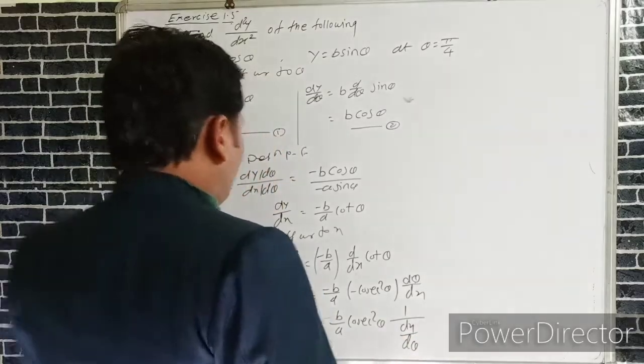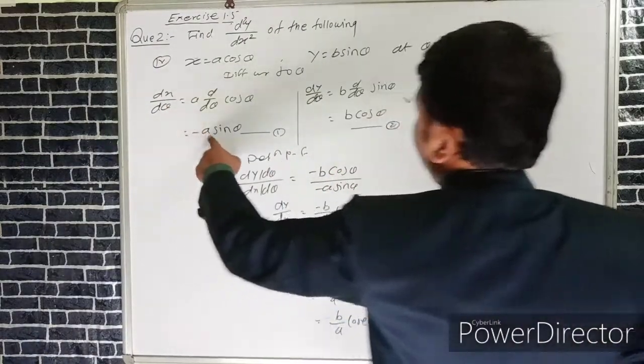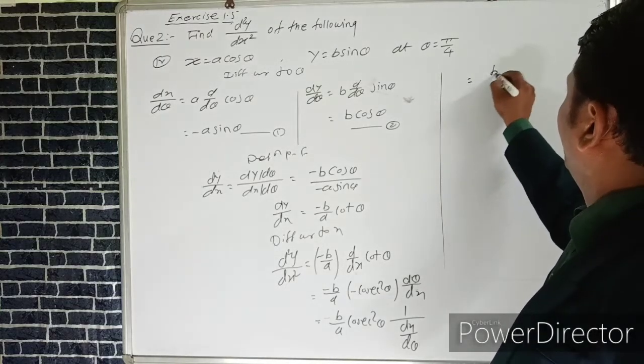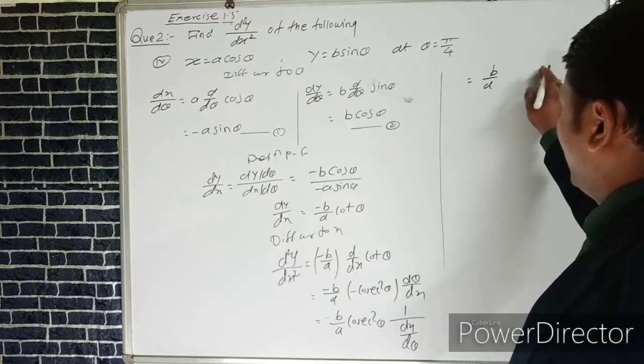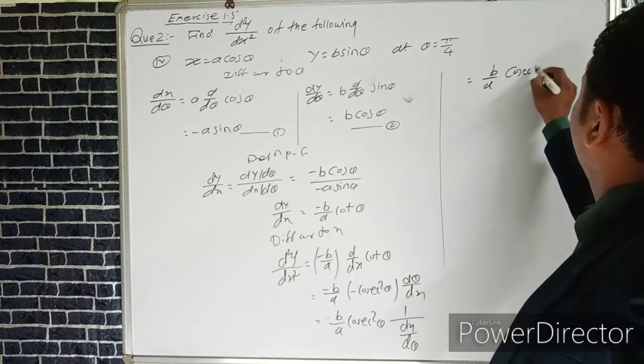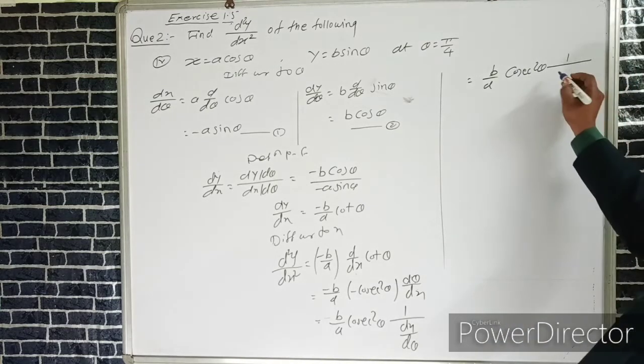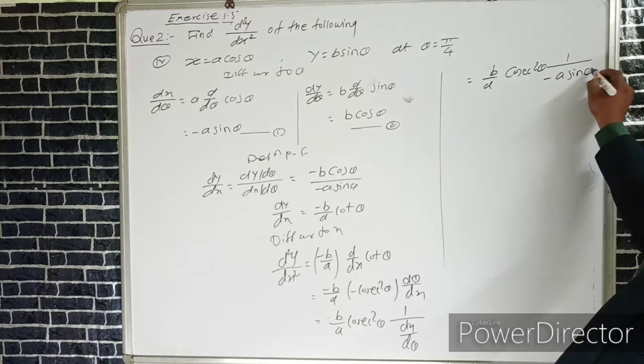Here the value of dx upon d theta is minus a sin theta. We can write it is equal to b upon a cosec square theta into 1 upon the value of dx upon d theta, which is minus a sin theta.